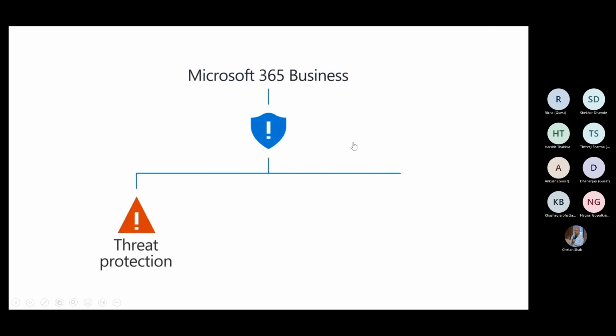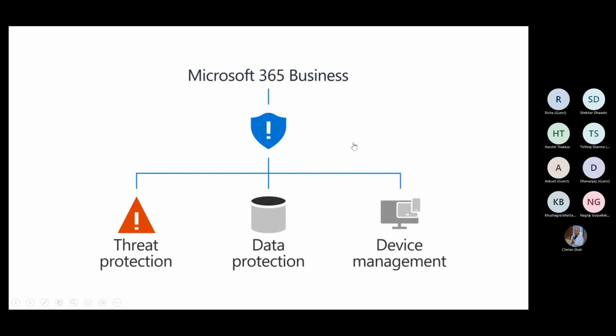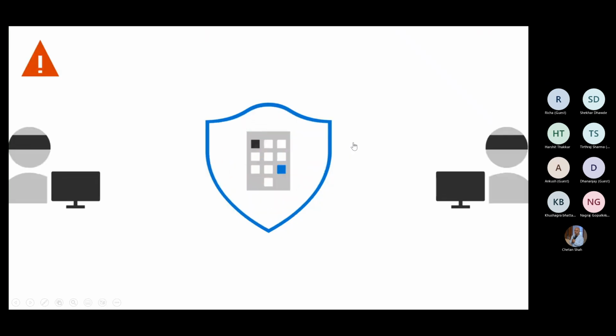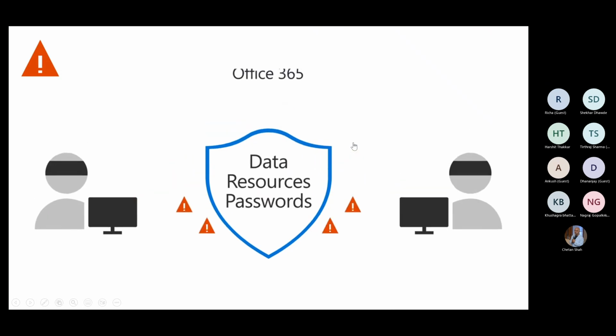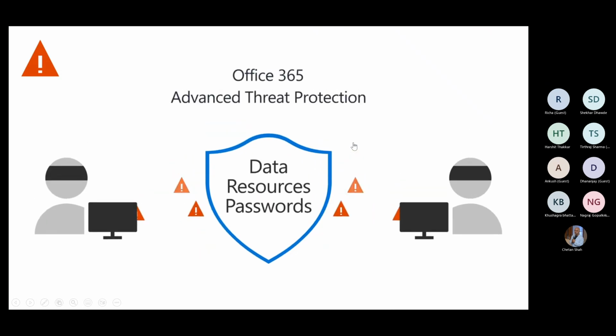Microsoft 365 Business helps you protect your company from online threats and unauthorized access, as well as protect and manage data on your phones, tablets, and computers. Help prevent online criminals from getting access to data, resources, and passwords with Office 365 Advanced Threat Protection, or ATP.